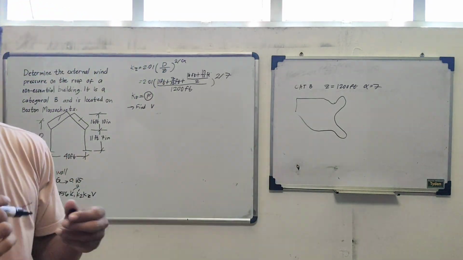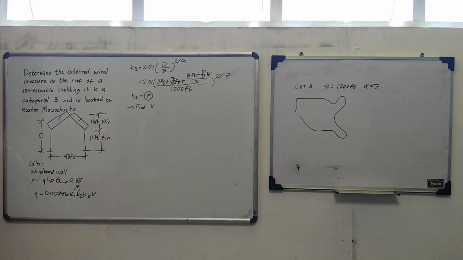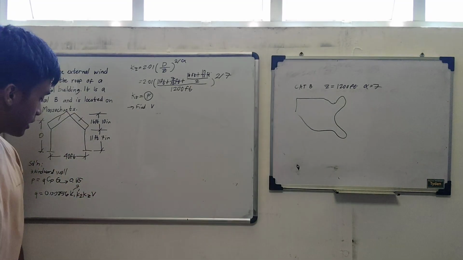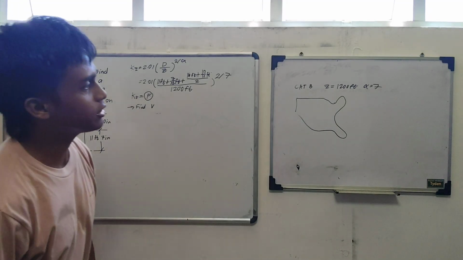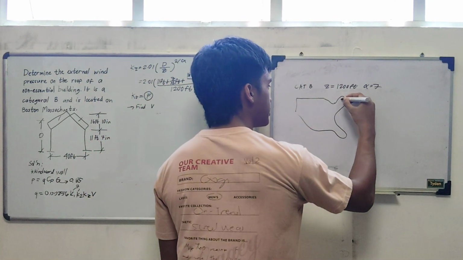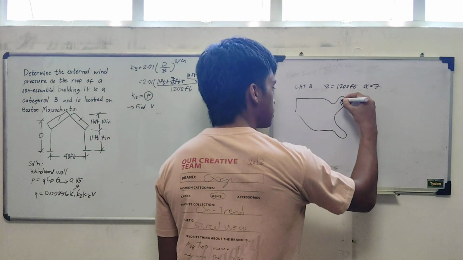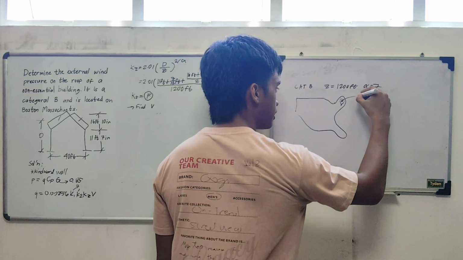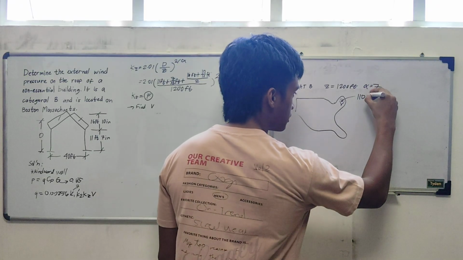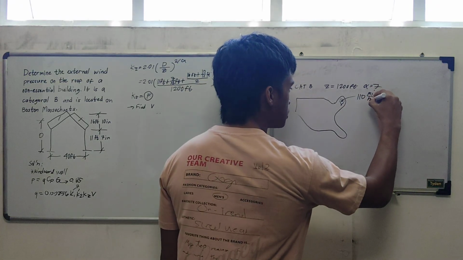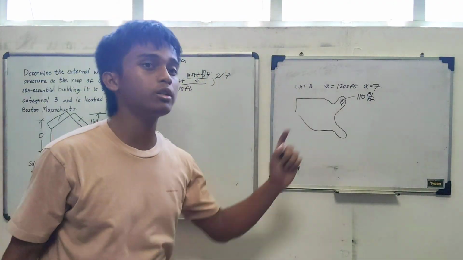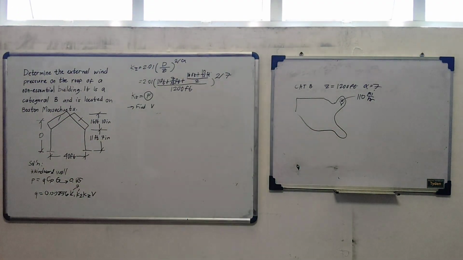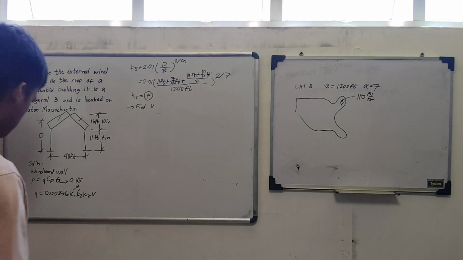In Kassimali, he uses the map of the US to get our respective V values. Boston is located here, and we have a value, in English units, of 110 miles per hour. Let's input that here.